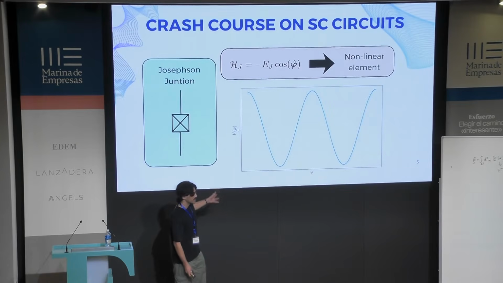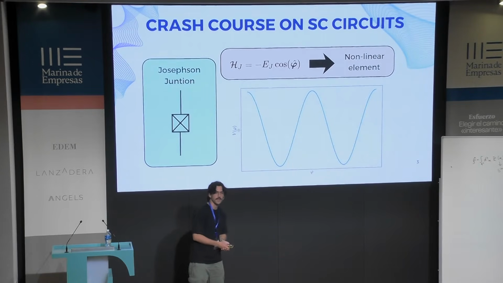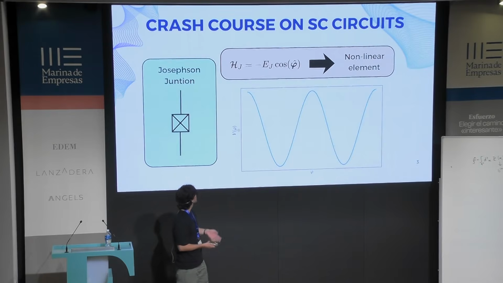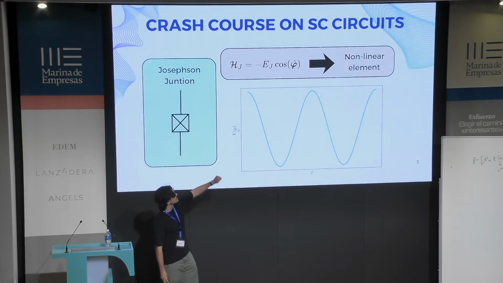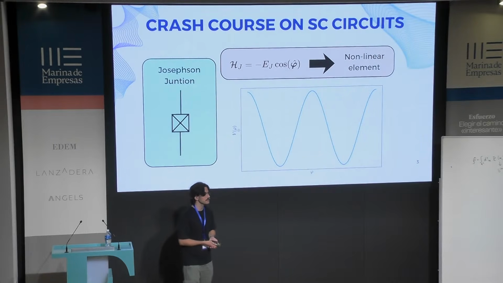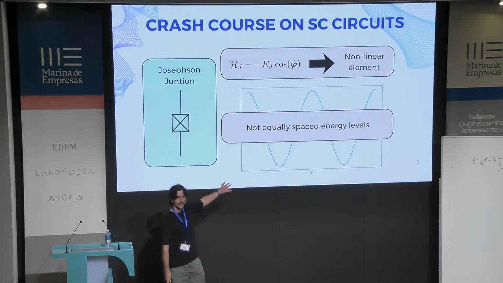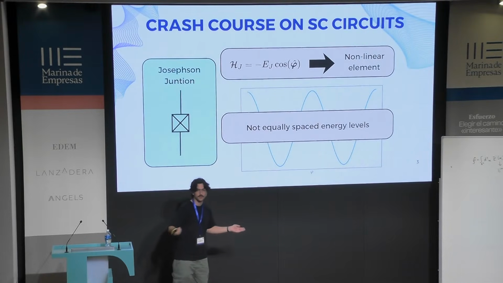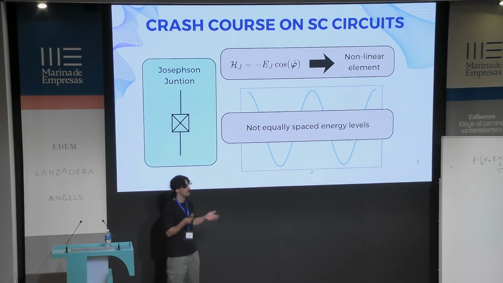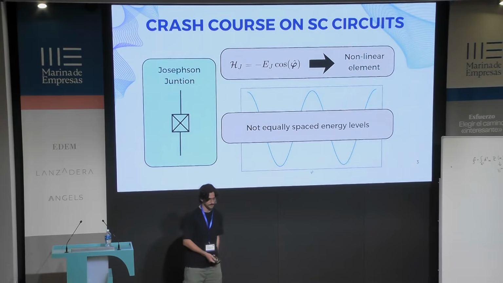The Josephson junction, this new electric element in our system, is very useful because, as I already said, it allows us to have a nonlinear potential, which results in energy levels that are not equally spaced. So that will allow us, in theory, to make a good qubit.